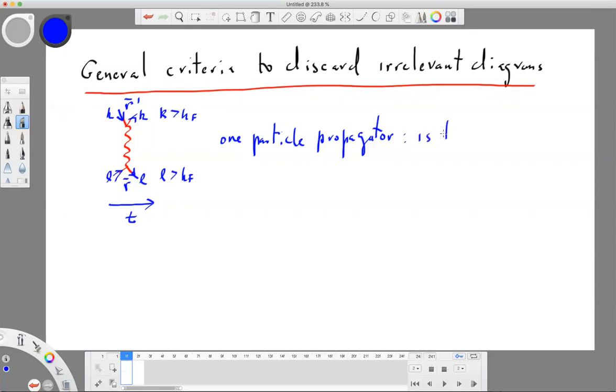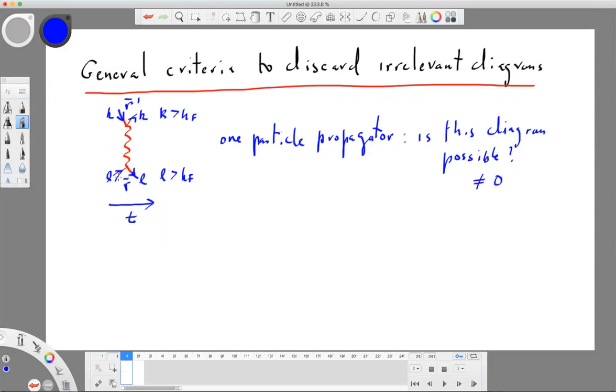Is this diagram possible, or is it non-zero, different from zero?